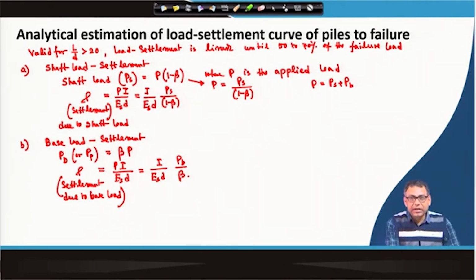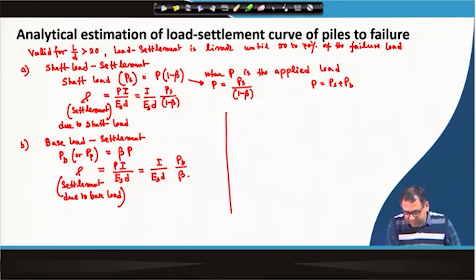And remember that in these two expressions, we assume that the load and settlement relationship is linear. Okay. So, now this is the settlement we have written in terms of base and shaft load. If I draw the settlement in terms of shaft and base, this is the settlement and this is the load.